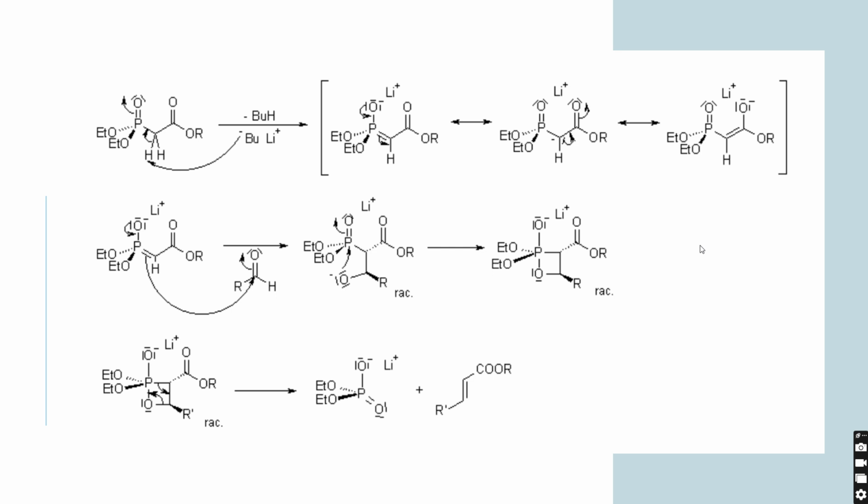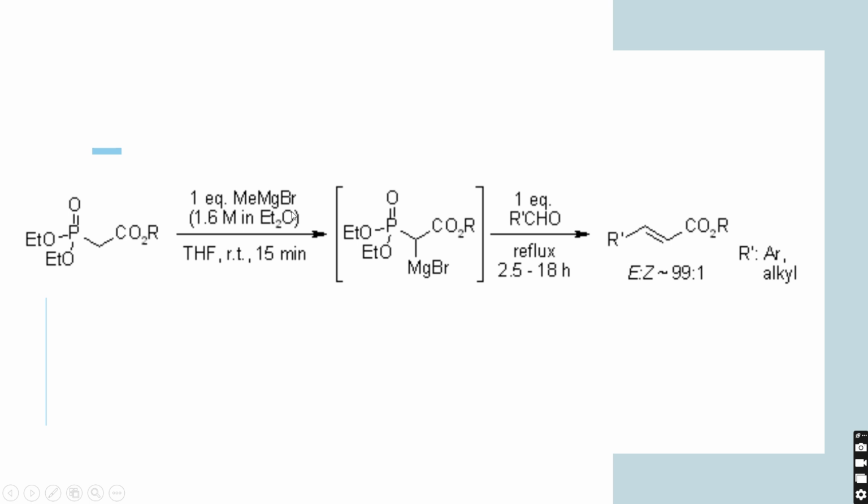At first, we have Grignard reagent, which also can act as a base. In this particular question, we have a highly acidic proton present in this CH2 position of the substrate.